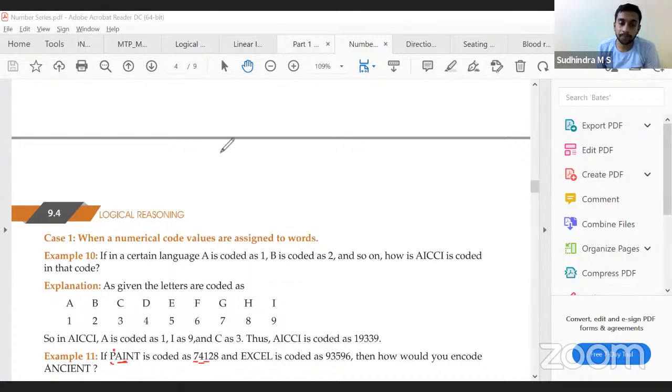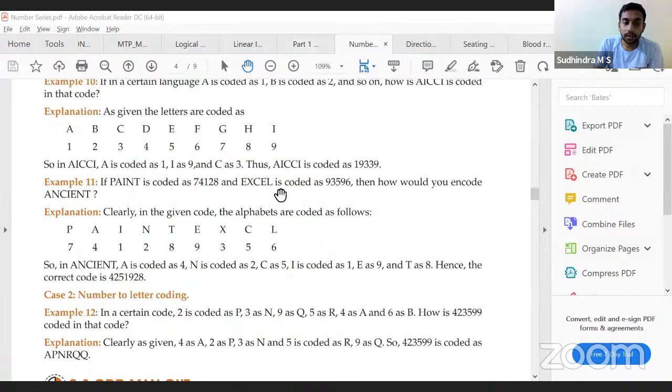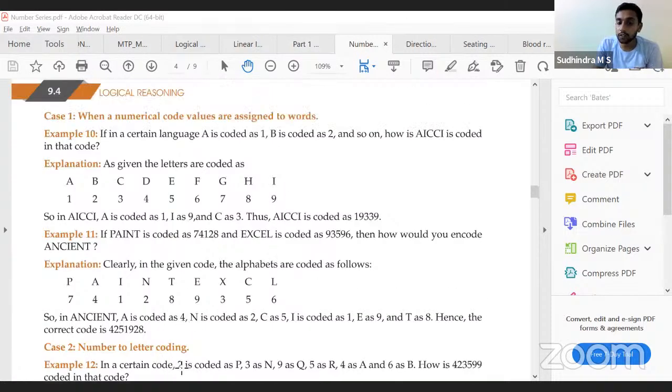So A will be 4. N is fourth one here, 2. C is third here, 5. Right? I is 1. E is 9. N is 2. And T is 8. So 4251928 is how it would be coded. In a certain code, 2 is coded as P, 3 as N, 9 as Q, and 5 as R, 4 as A, 6 as B. How is 423599 coded?